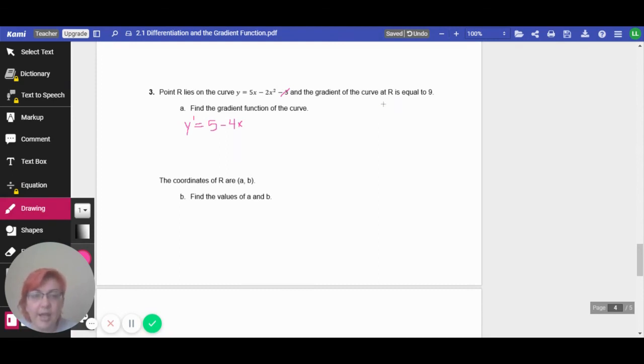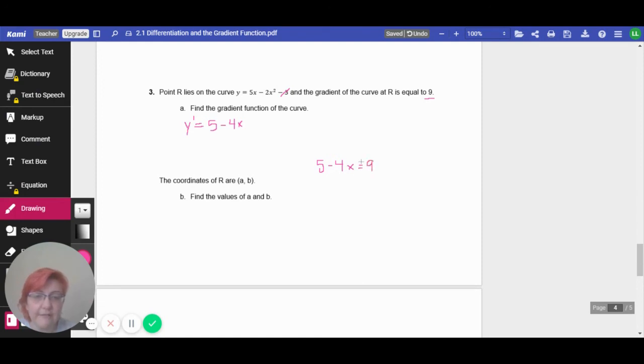So I know that at the point I'm looking for, this is equal to 9. 5 minus 4x equals 9.